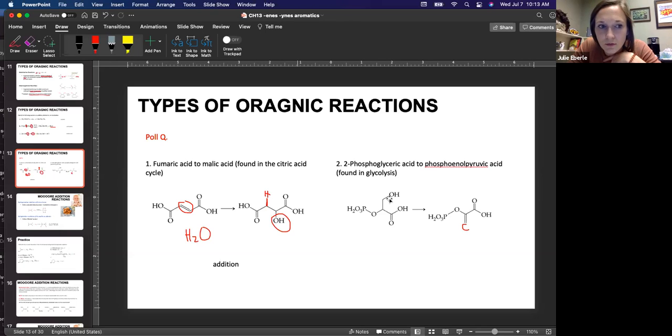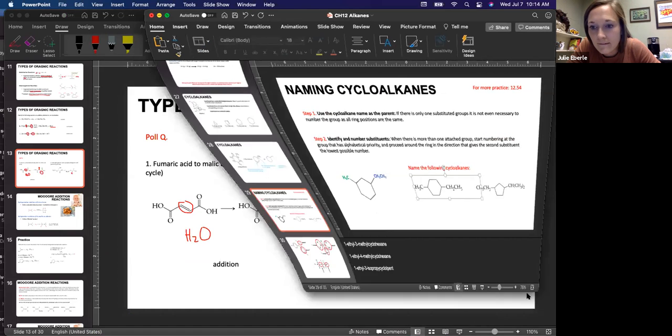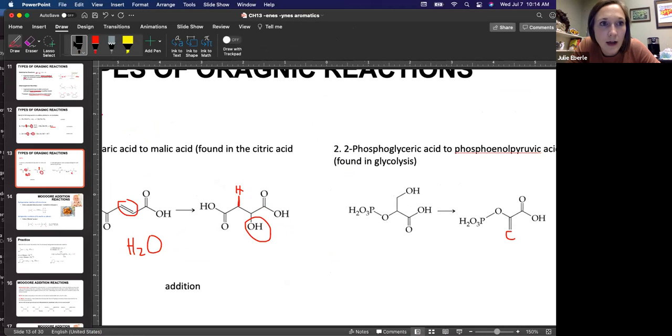Okay, what about number 2? The most popular vote is elimination, okay? 4 people said elimination. What it seems like is happening, we have this OH group and then somehow it's gone on this side. And I'm going to try to zoom in. I'm going to draw right off of this carbon right here. We don't see it in the line structure, but there is a hydrogen, right?